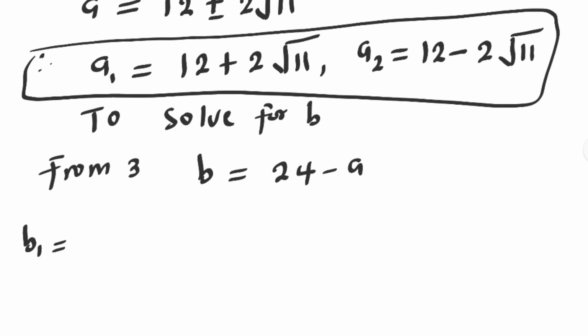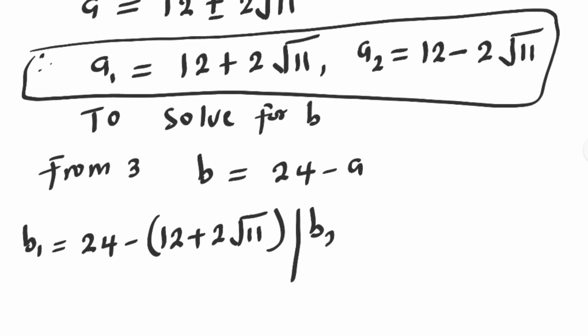B1 is equal to 24 minus A1, is 12 plus 2 square root of 11, and B2 is equal to 24 minus A2, is 12 minus 2 root 11.